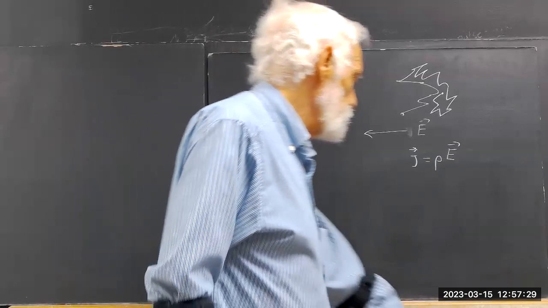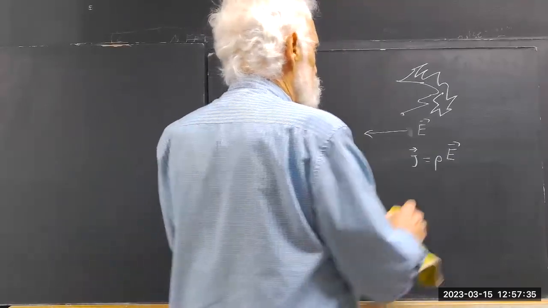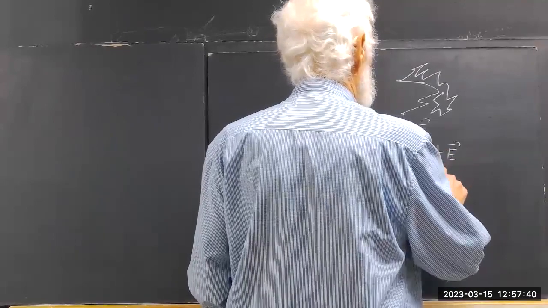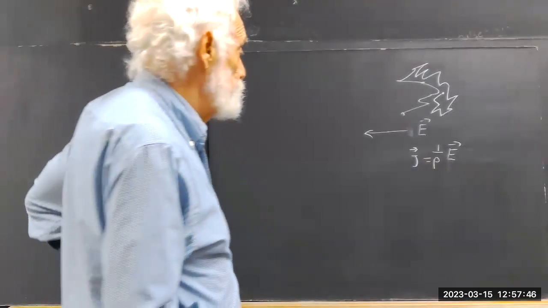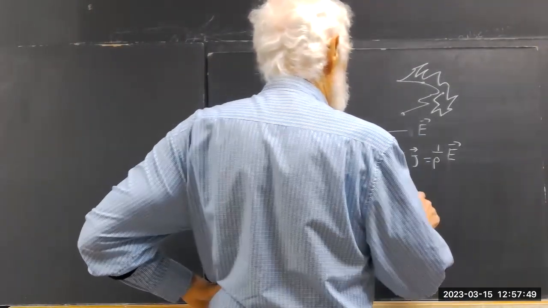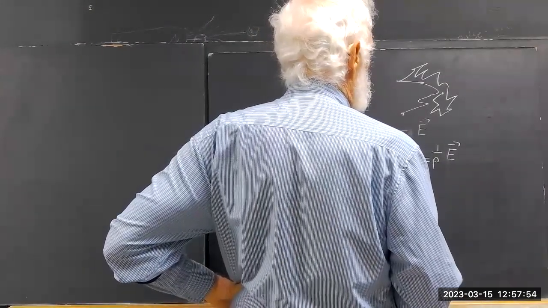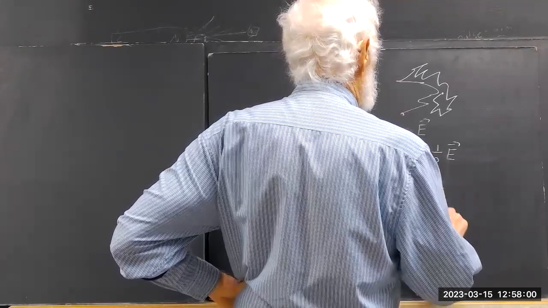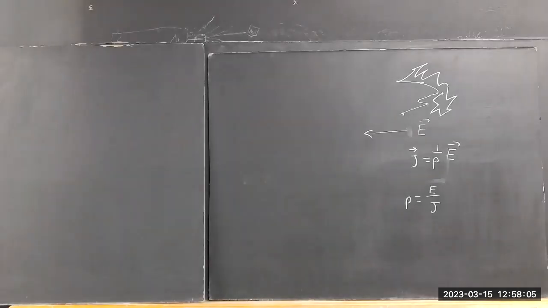So what I did there was write J equals 1 over rho times E. So rho is E over J.